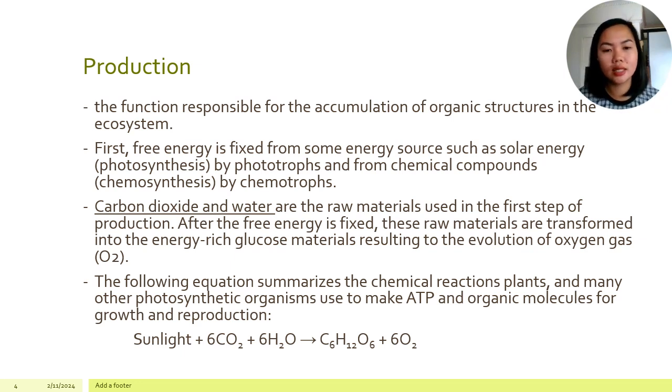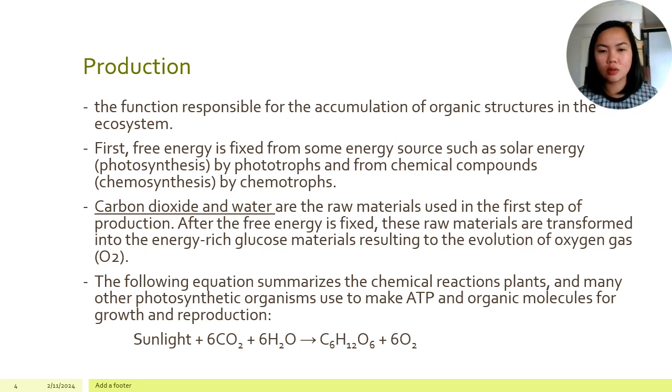As you can see in the equation, we have sunlight. Plants do need the energy from the sun. So sunlight plus six molecules of carbon dioxide plus six molecules of water would produce C6H12O6, which stands for glucose.